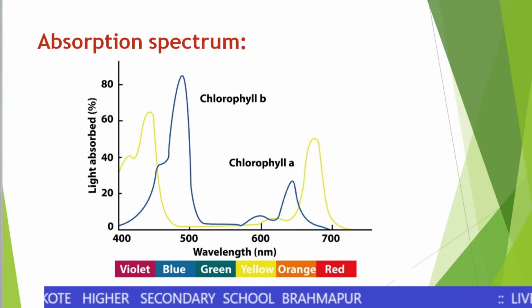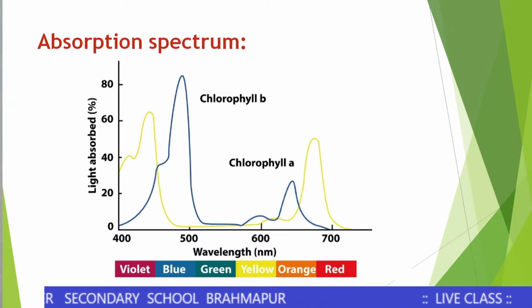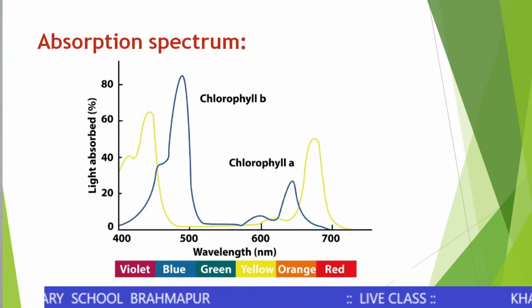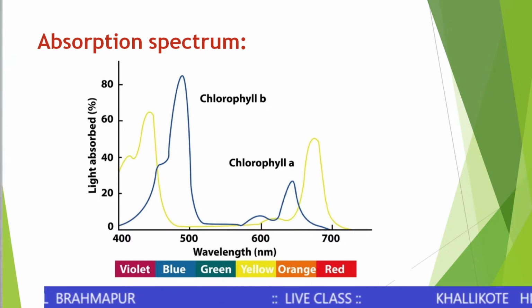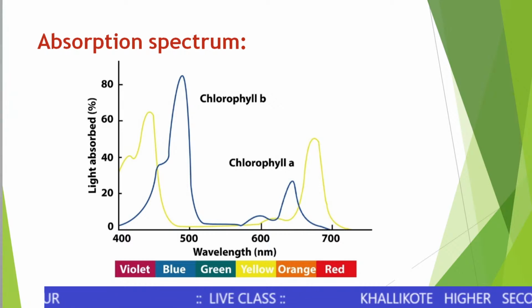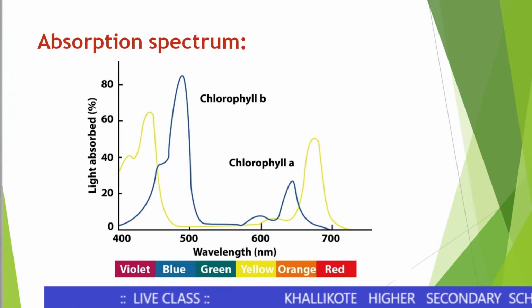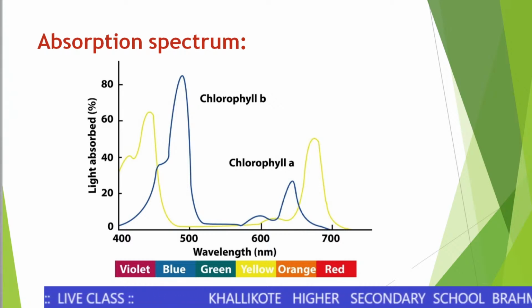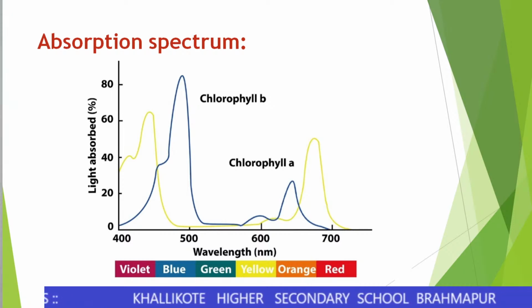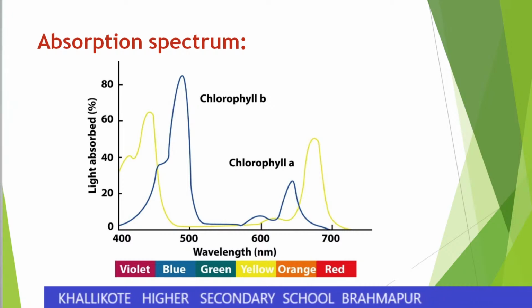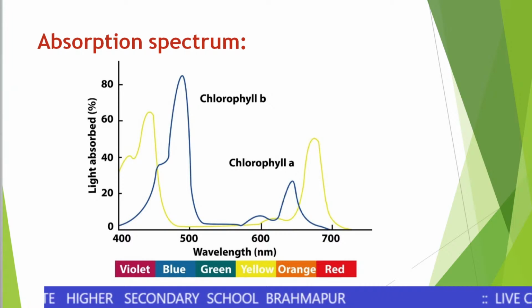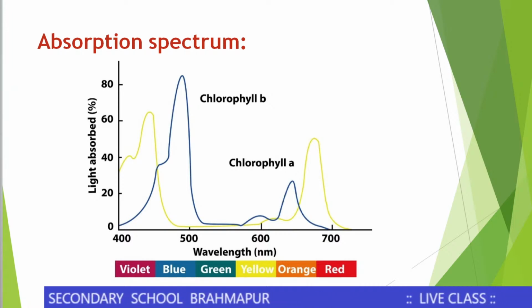What is the quantum yield? The products of photosynthesis are glucose, water, as well as oxygen that is evolved. In the action spectrum, it is the amount of oxygen evolved per quantum of light absorbed. That is the quantum yield measured for the action spectrum.